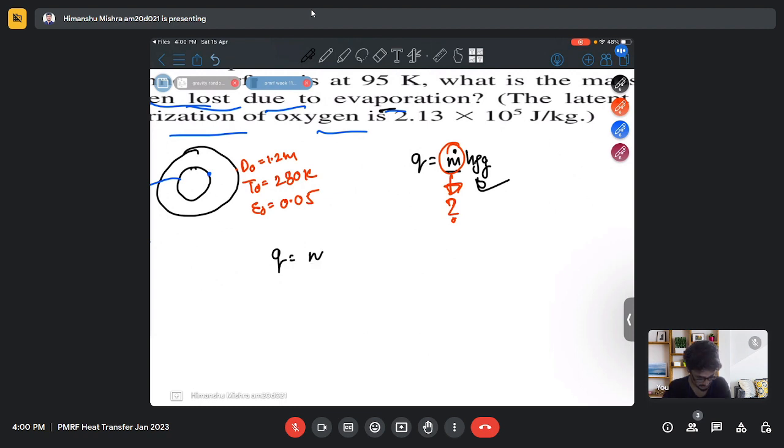So my Q will be m dot HFG, and it can be equal to sigma (T1 to the power 4 minus T2 to the power 4) over resistance.